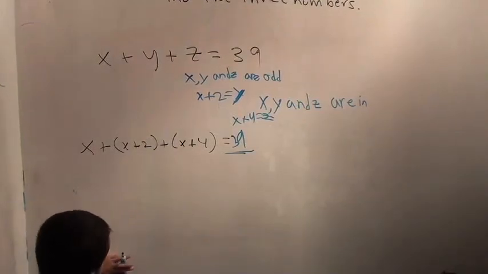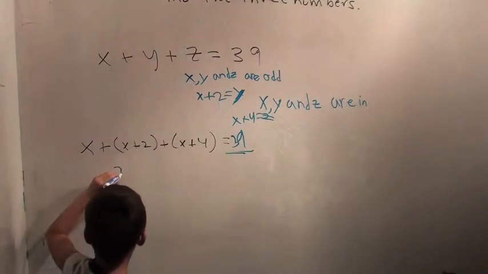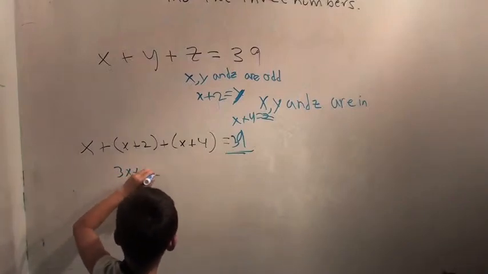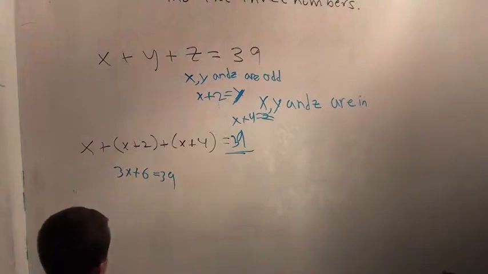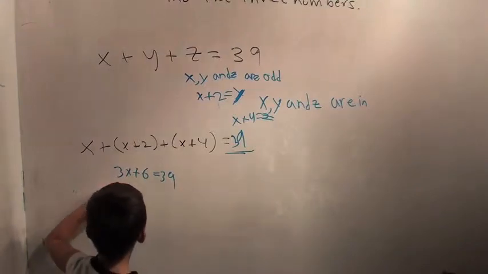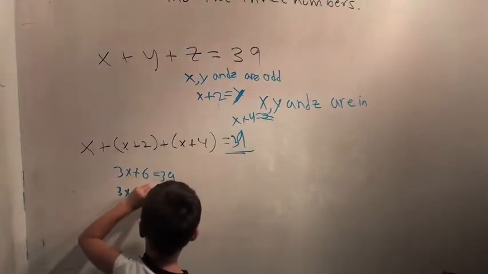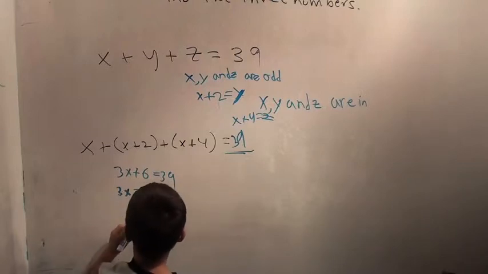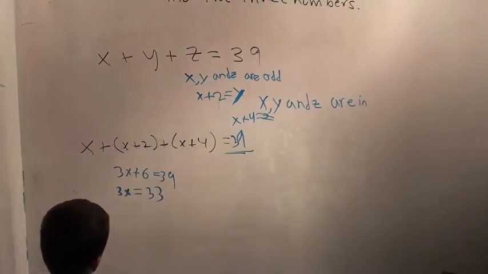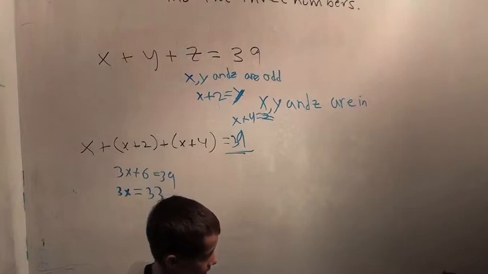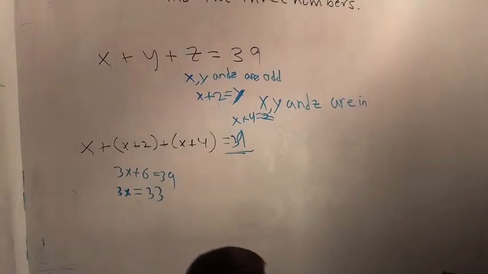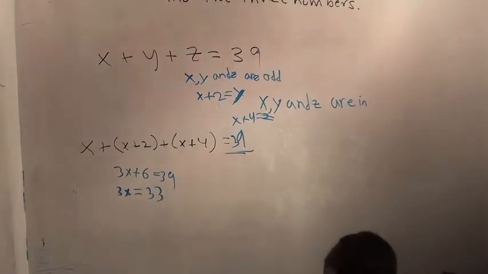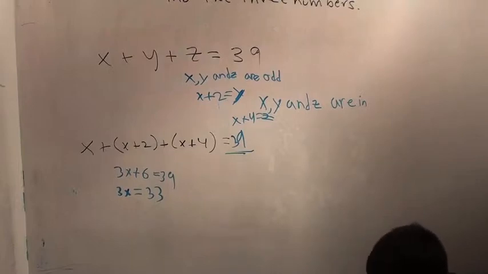So how are you going to simplify it now? Well, we know that 3x plus 6 equals 39. Very good. So 3x must equal 33. How did you figure that out? Because something plus 6 equals 39, so that something has to equal 33.